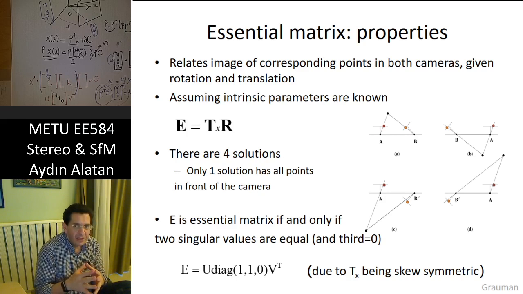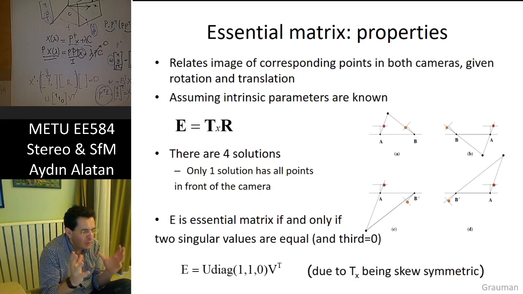Another thing is, for example, you try to estimate the E matrix from point correspondences. If you write your constraint equations, assuming you have 9 arbitrary numbers, in fact it's homogeneous, therefore 8 of them are independent, 1 of them is arbitrary.